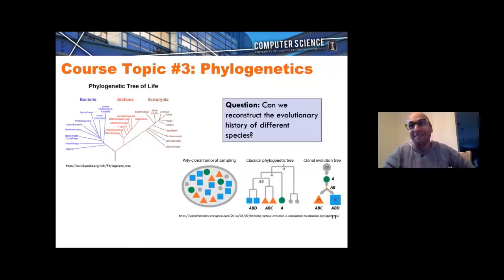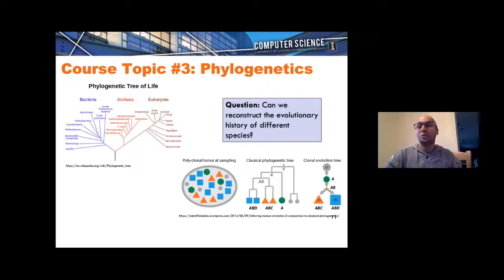And then we also spend a lot of time thinking about evolution. What do I mean by that? Essentially, pretty much everything that we are is encoded in our genome. If you're able to compare different genomes from different species, you're going to see similarities.